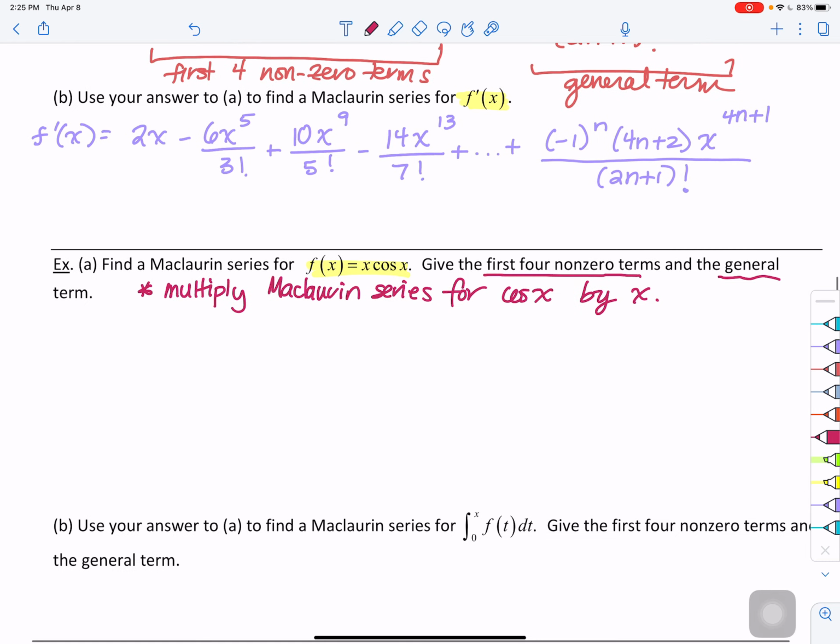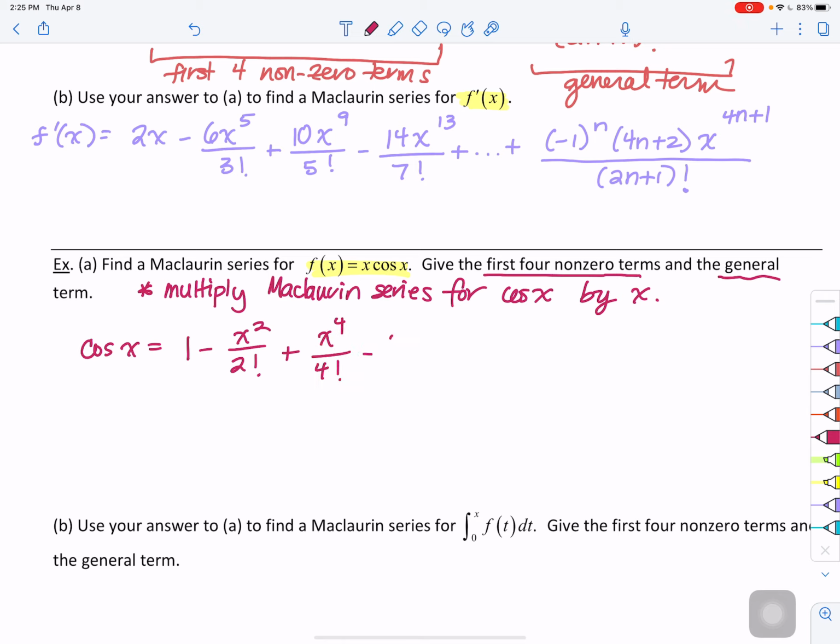So remember that the cosine of x was 1 minus x squared over 2 factorial plus x to the 4th over 4 factorial minus x to the 6th over 6 factorial.